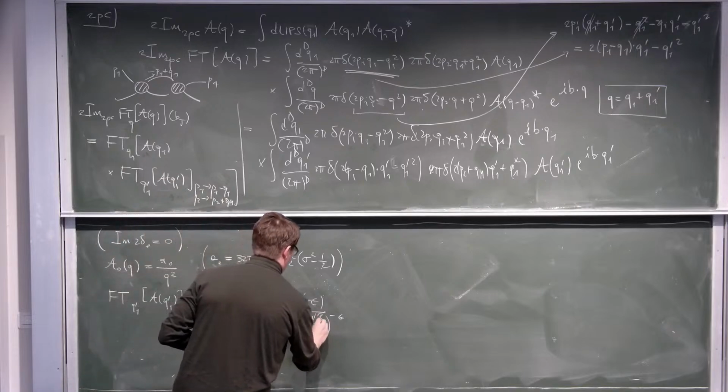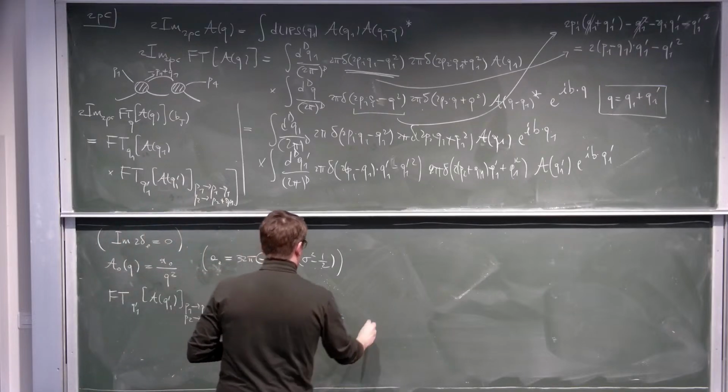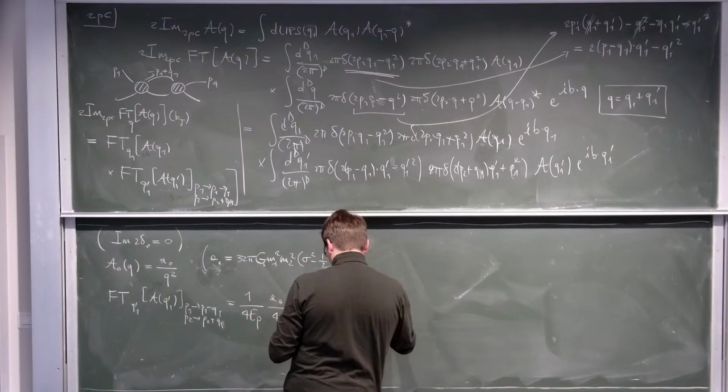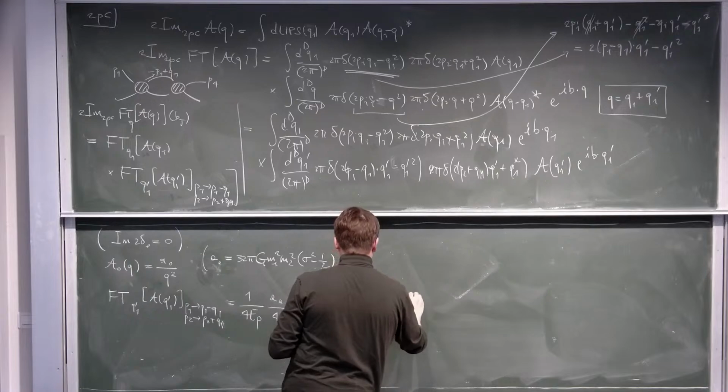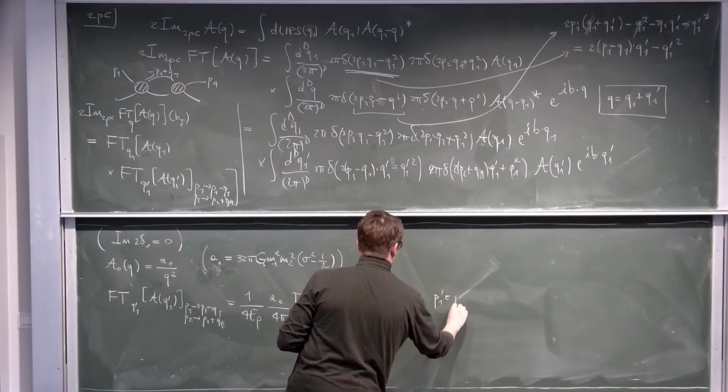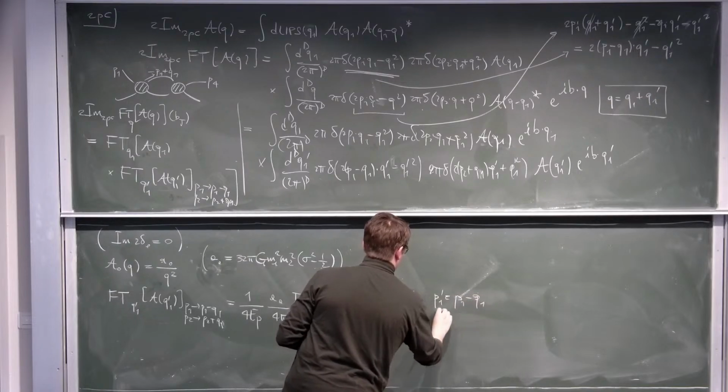So let me denote it by B prime of Q1, where B prime is orthogonal to P1 prime and P2 prime.